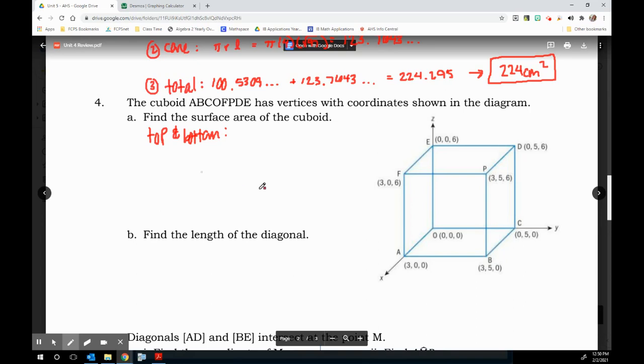I can also find the surface area of the front piece, FPBA, and it'll be the same as the back piece, EOCD. So front and back. Finally, I can find the left piece, FEOA, and it'll be the same as the right piece, PDCB. So left and right.